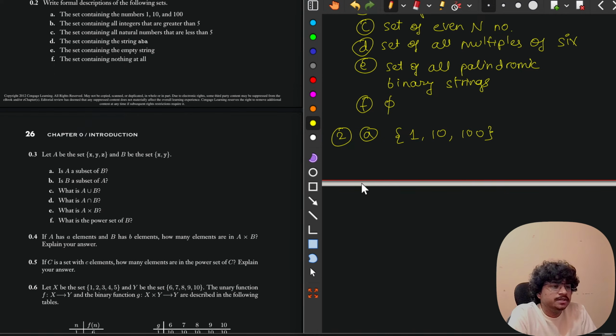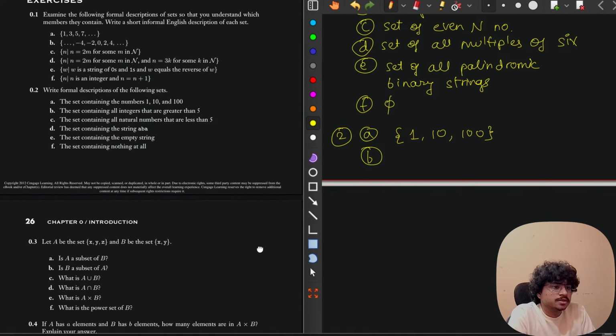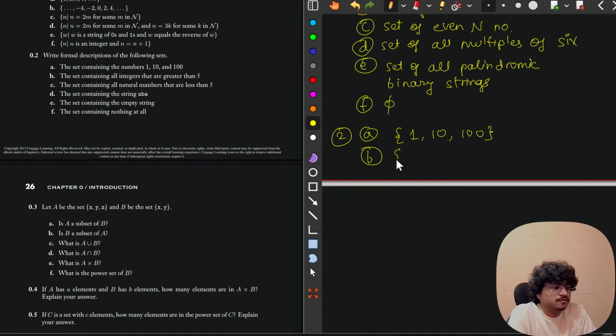The set of all integers greater than 5. I think I write it like the set of all n which are greater than 5, and n belongs to the integers.